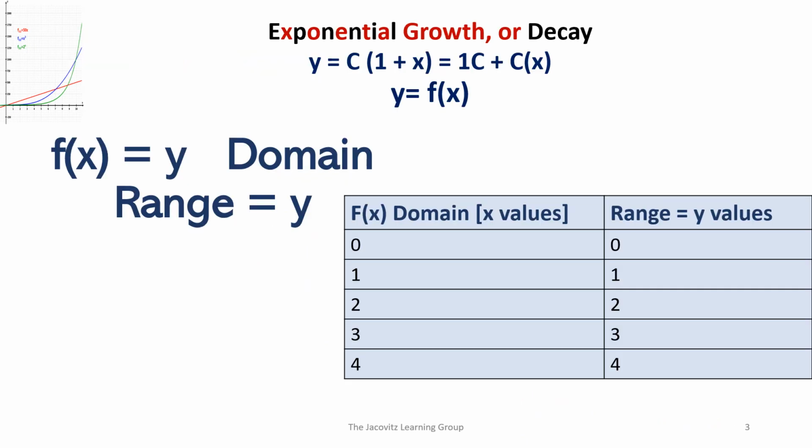So here are your domain values, and keep in mind, even if you have a test with your teacher, your range is y. So these are all your range values for a given function.